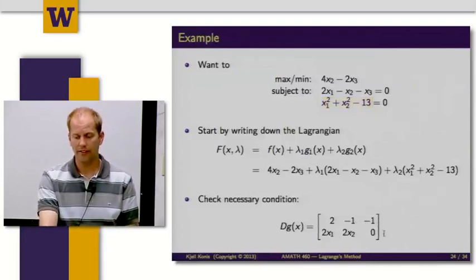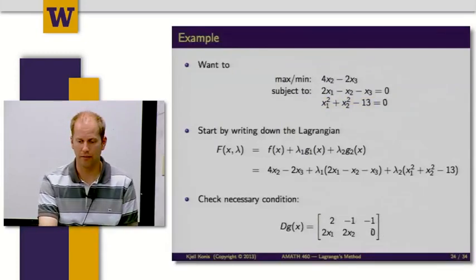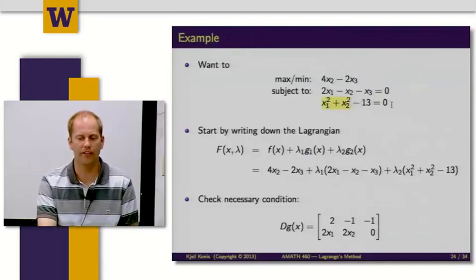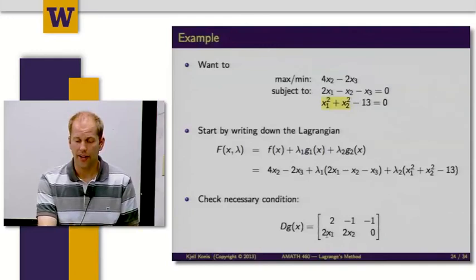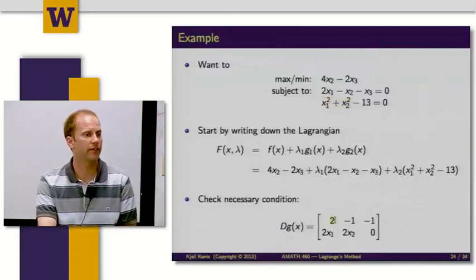And so you have to just look at this a little bit and convince yourself that it's always going to have pivots. One way this could not have a pivot is if x1 was equal to 0 and x2 was equal to 0. But if that were the case, I wouldn't satisfy this constraint, because negative 13 would not be equal to 0. And if x1 and x2 are any other values, I get this 2 as a pivot for free.